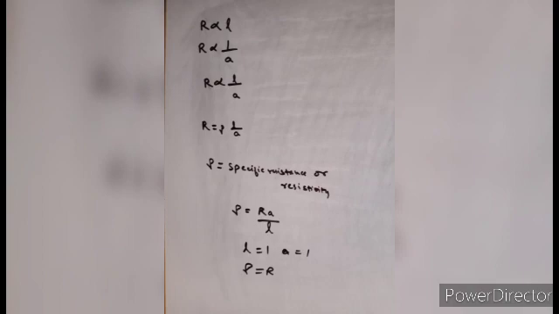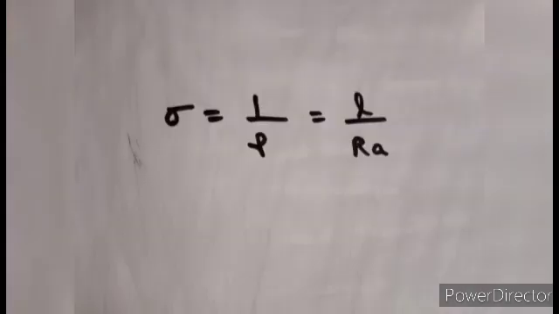We put a constant rho, so R equal to rho L upon A. Here your rho is the specific resistance or resistivity, and this rho will be RA by L. So if your L is 1 and your A is 1, then your rho will be equal to R. So the specific resistance of a material is the resistance of a wire of that material of unit length and of unit area of cross section.